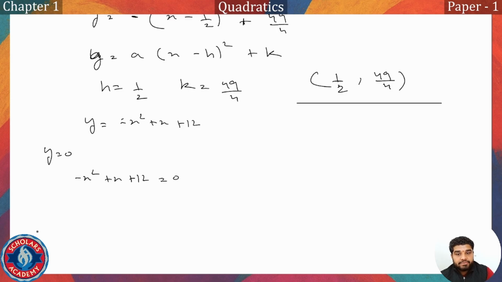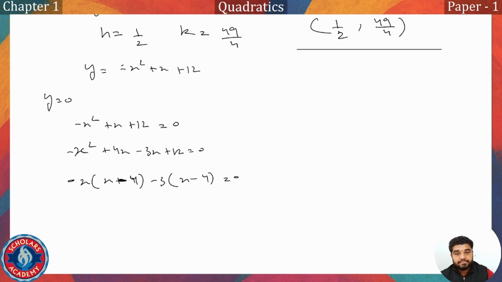Product is negative 12. Sum is 1. It means negative x square plus 4x minus 3x plus 12 is equal to 0. If I take negative x common, I get x minus 4, and if I take negative 3 common, I get x minus 4 is equal to 0.